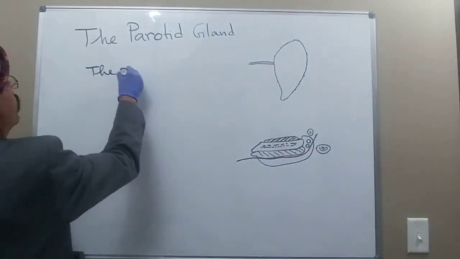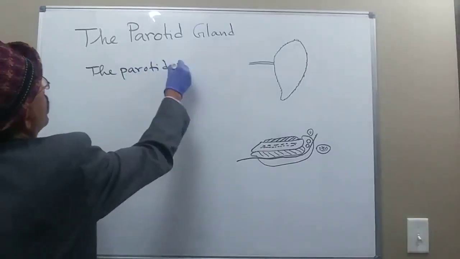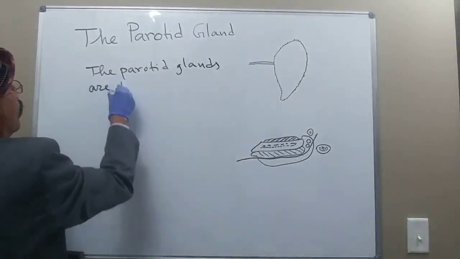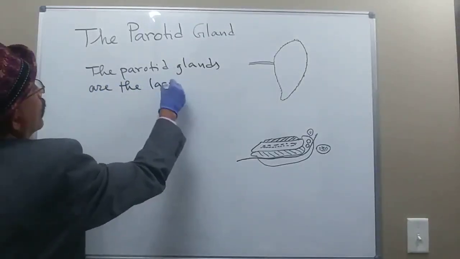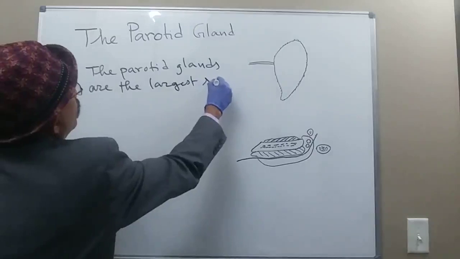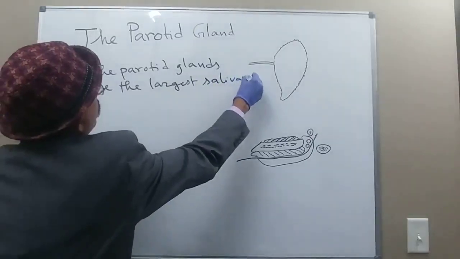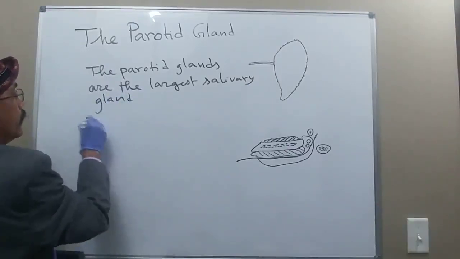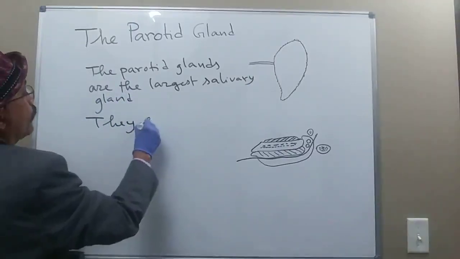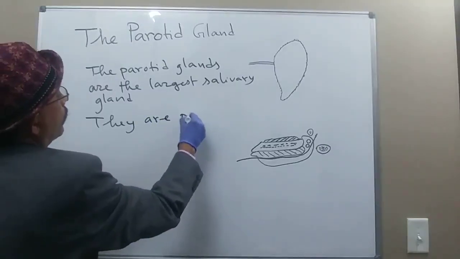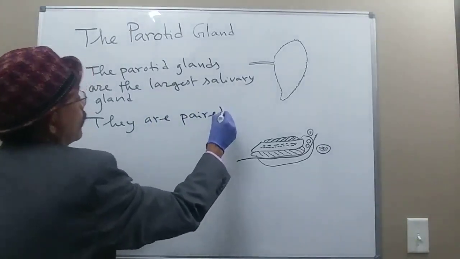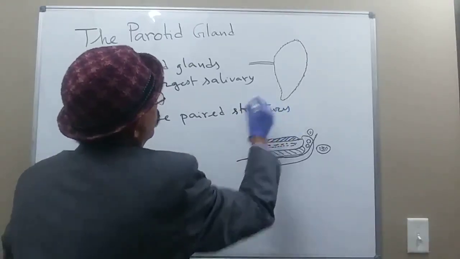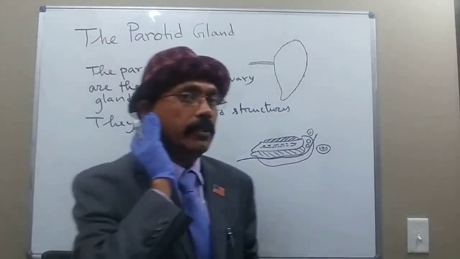The parotid glands are the largest salivary glands. They are paired structures, so we have one parotid gland on each side.